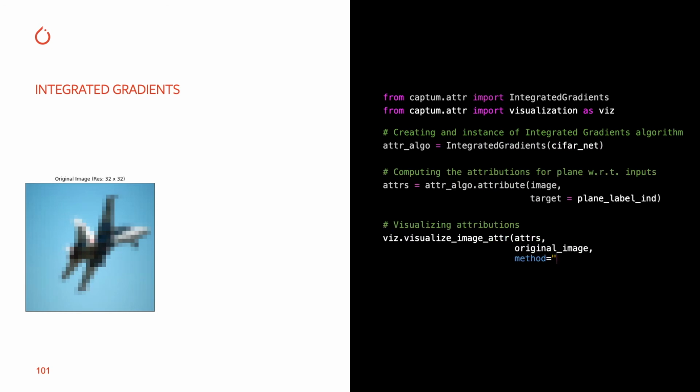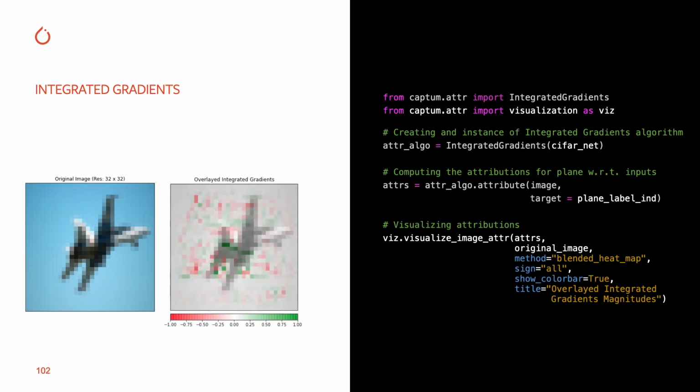Now let's try another algorithm, namely integrated gradients. Similar to saliency, we import integrated gradients from the Captum library and create an instance of it using the forward function of our model. Then we compute the attributions and visualize them using the same code snippet that we used for saliency.